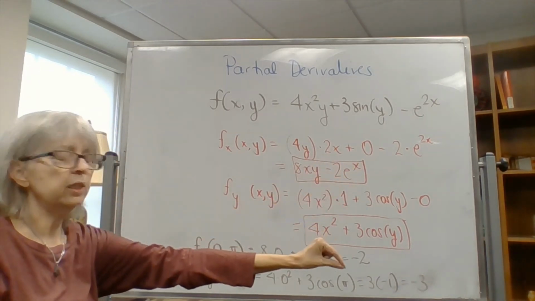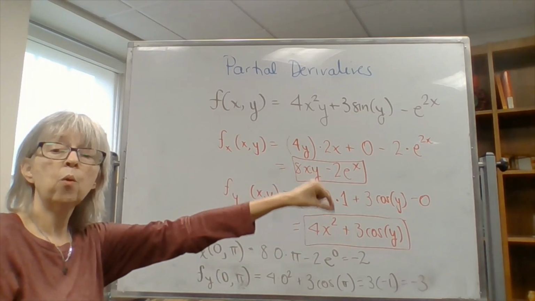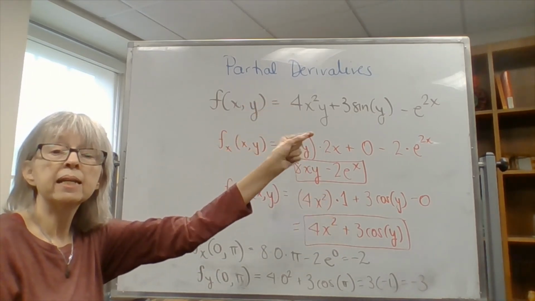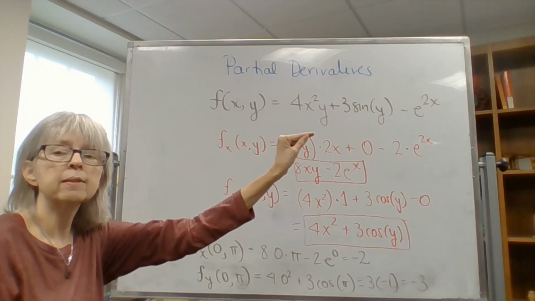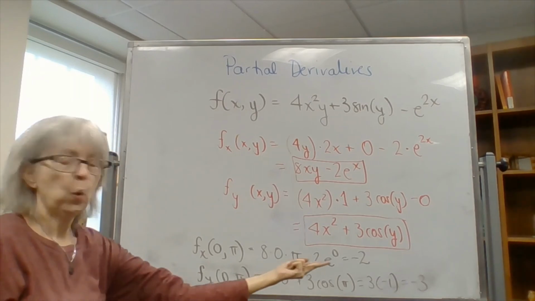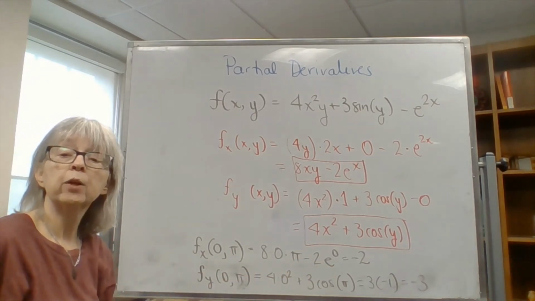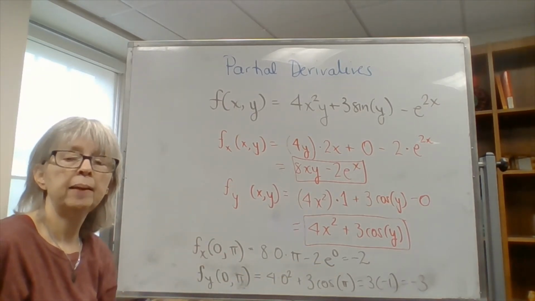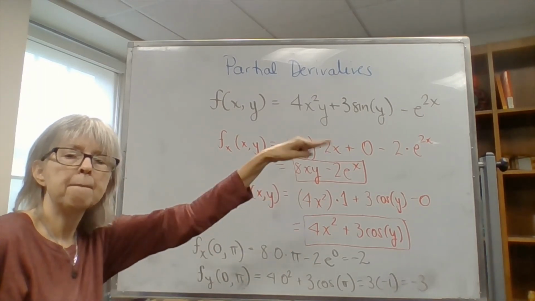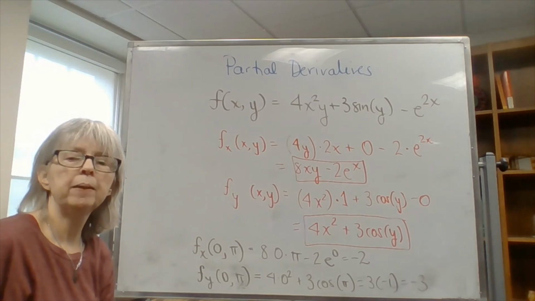So again, I'm standing at the point where x is 0, y is pi, z is whatever it is, and I decide to walk just a little step in the positive y direction. Will I go up? Will I go down? Or will I stay flat? It's a negative derivative. I'll drop a little bit.